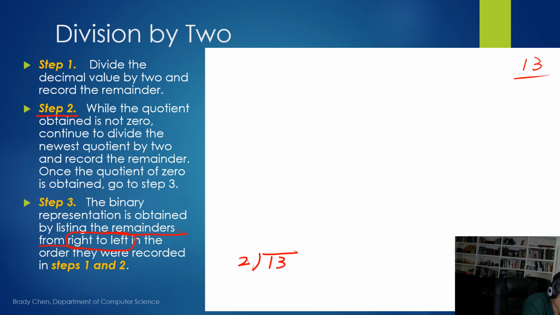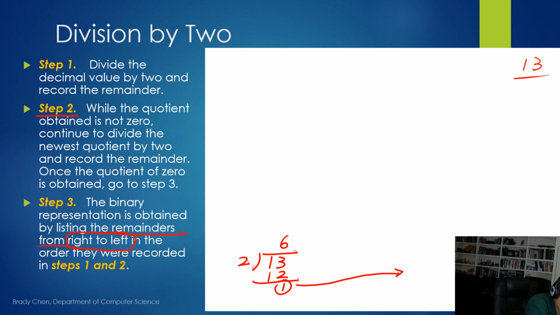So what is the quotient? 6 or 7? 7 is too big, so we put a 6. 2 times 6 is 12, and the remainder is 1. So we record the remainder. Remember we're going to record that remainder.